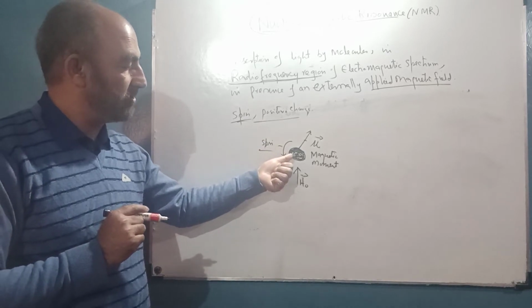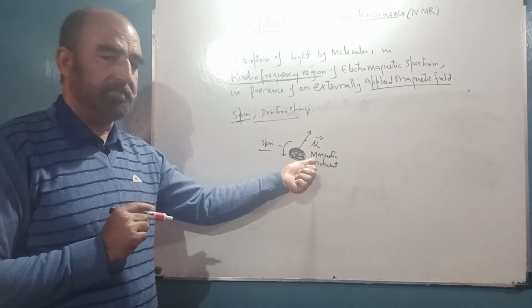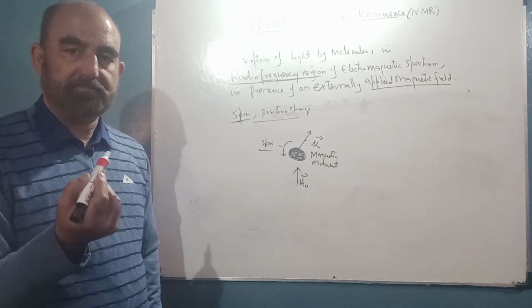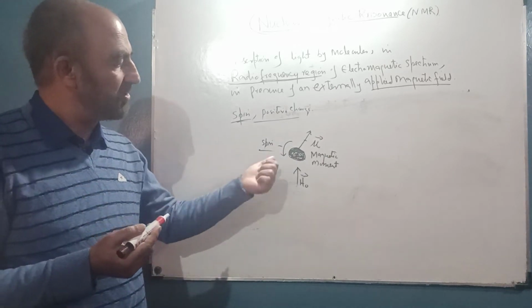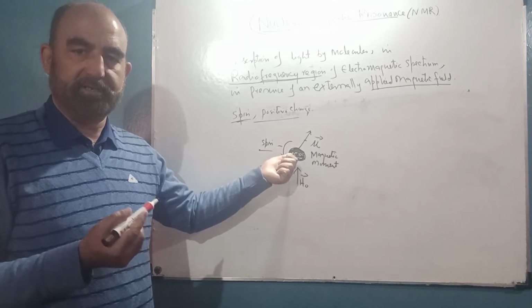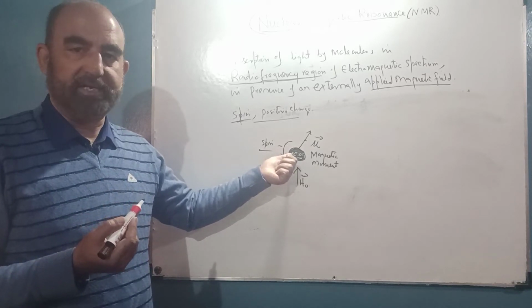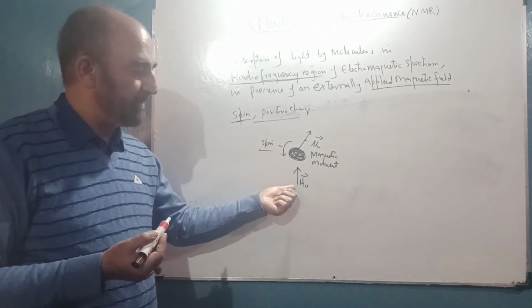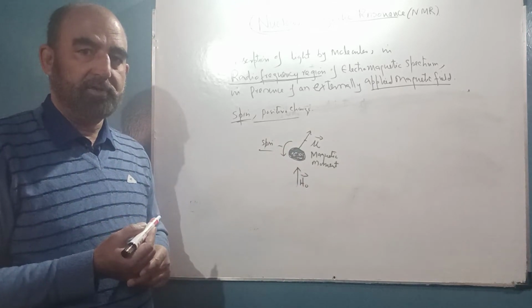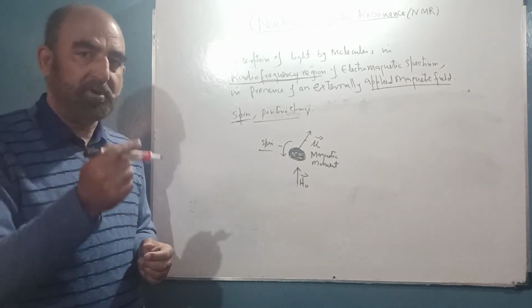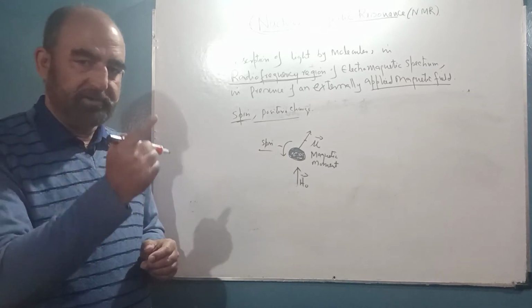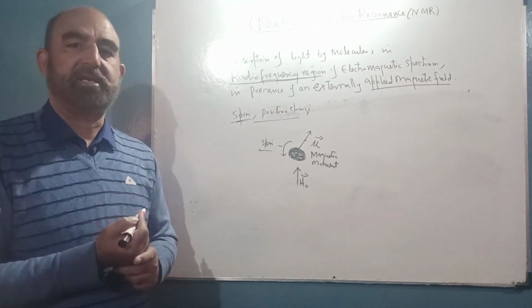Now this nucleus, since it has a magnetic moment, it has a magnetic field, it acts as a tiny magnet. Like we have bar magnets, it is also just like a tiny magnet. We can call it a quantum magnet. So what will happen when we put this quantum magnet in an applied field? Now we know, if we have a compass needle and we temporarily disturb it, the needle will precess about the Earth's magnetic field.